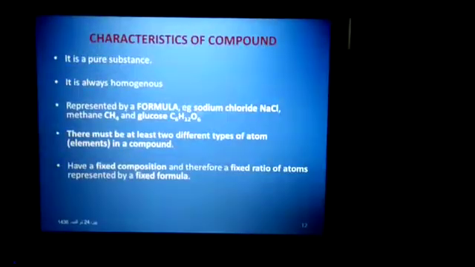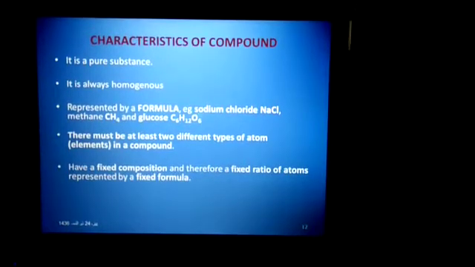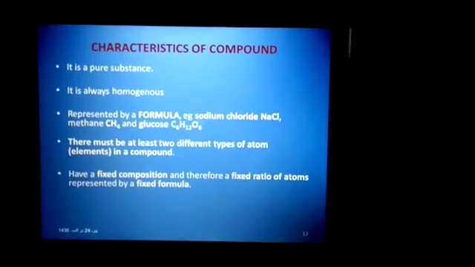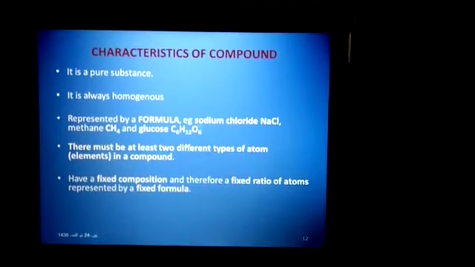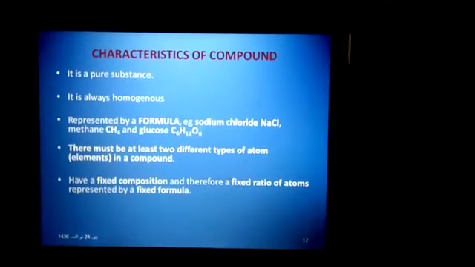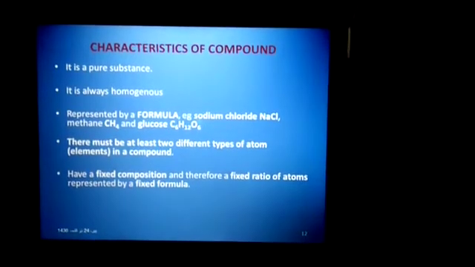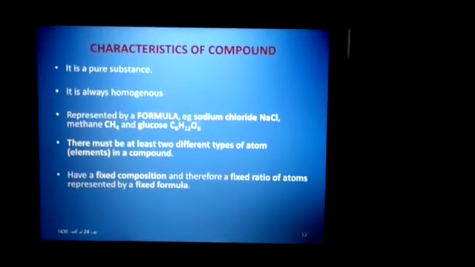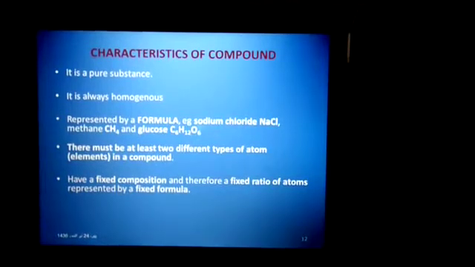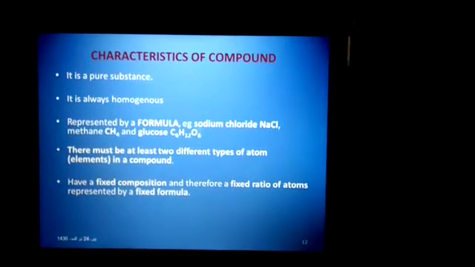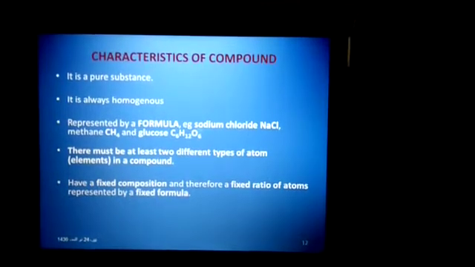The next is the characteristics of compounds. As you know, the compound is a pure substance and it is always homogeneous, meaning its constituents cannot be separated by simple physical methods. Point number 3, it is always represented by a formula. For example, sodium chloride, whose formula is NaCl, methane, CH4, and glucose, C6H12O6.